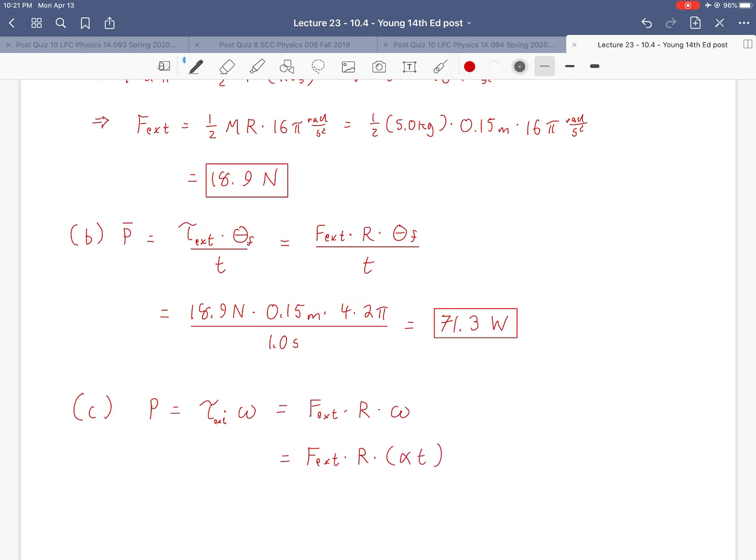And that's just from the kinematic equation, which tells us that omega final equals omega naught plus alpha times t. And in fact, let's make it final because it is after 1 second. That was our final time after all.